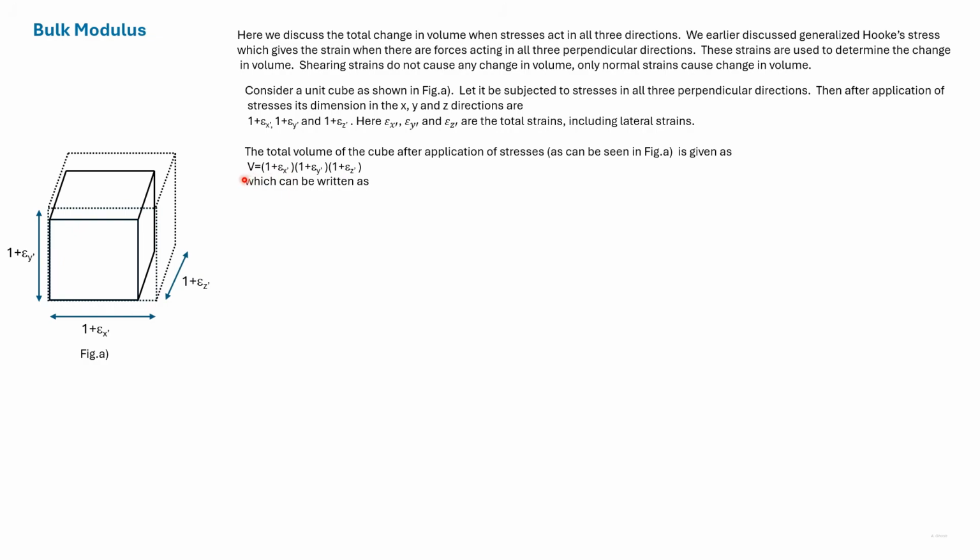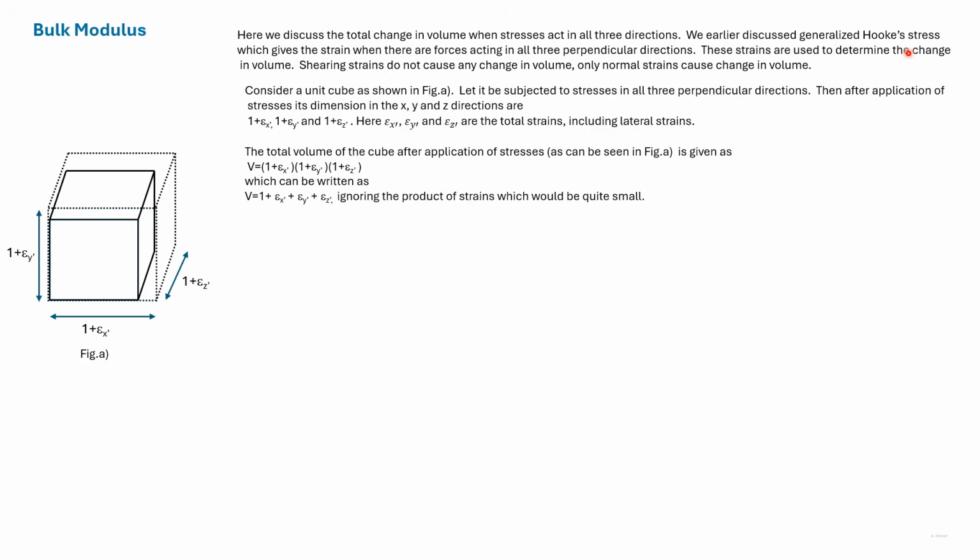Now the volume of this cube will be given by this expression. Before application of stresses, the volume was 1. To get the volume, you have to multiply these three portions.